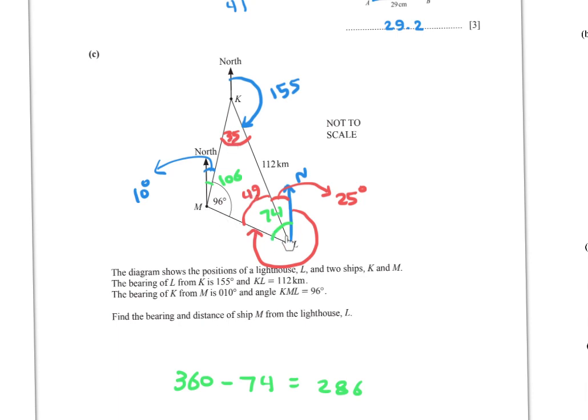We need to find ML, using the sine rule. ML over sine 35 equals 112 over sine 96.